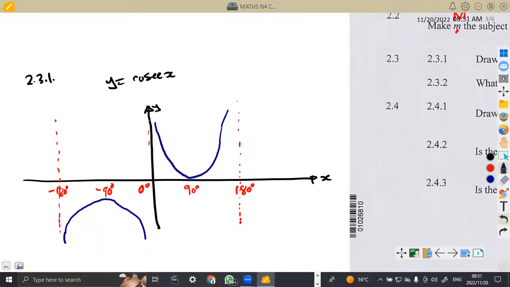It's supposed to be at least above, somewhere there. This corresponds to 1, and this corresponds here to -1. So this is the graph that we have. It does not reach the y-axis, 180 or minus 180. Those are the asymptotes. So that was 2.31.